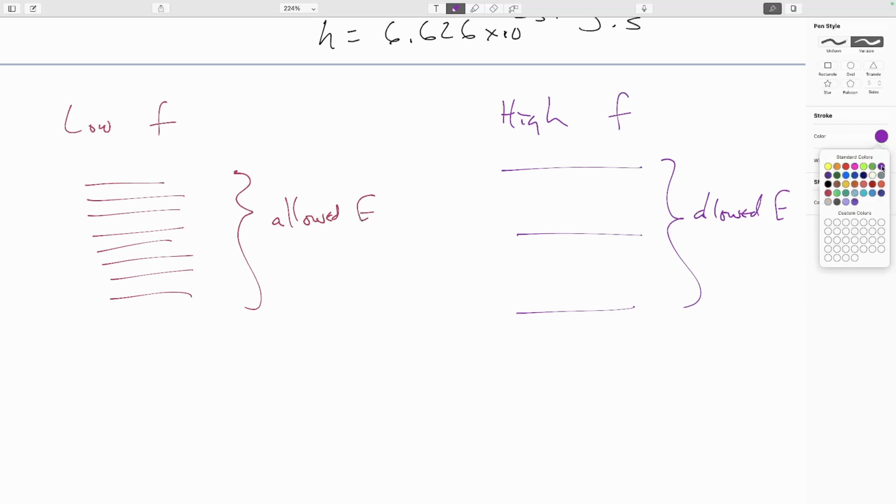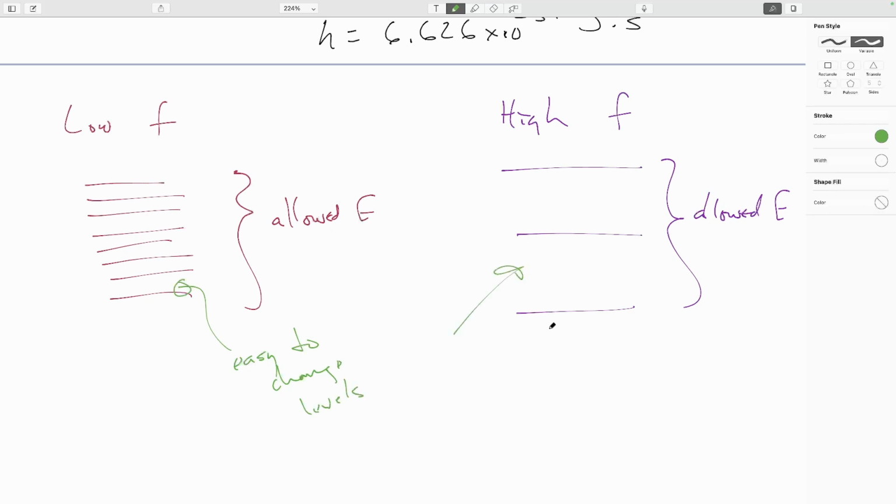So the idea here, Planck says, is it's easy for our electrons to change allowed energies here. And because the spacing is bigger here, it's harder to change levels in the high frequency case.